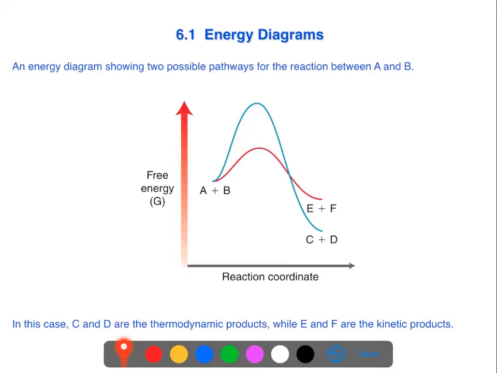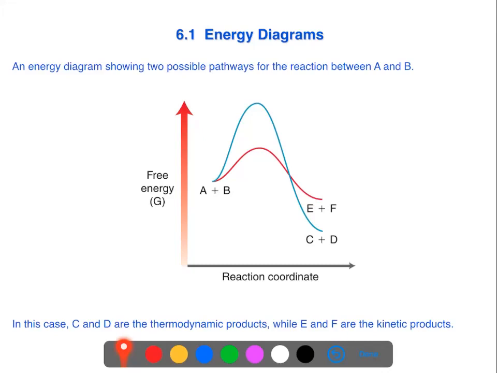And normally, given time, all products will result in the more stable set, meaning thermodynamics will give rise to your final product set. But initially, you may find that an alternate product set, in this case E and F, may form initially, and then through a reverse process back to A and B, and then forward, you may encounter the formation of more of C and D. So we have thermodynamic products and we have kinetic products, but given time, our net result will be the formation of our thermodynamic products.